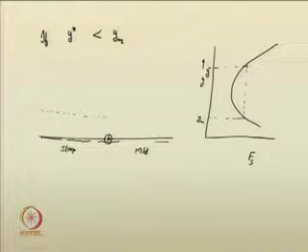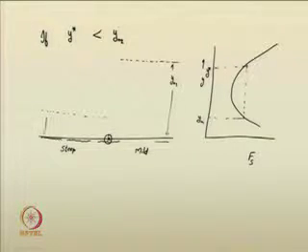If your normal depth in the downstream section, or the post-jump section, y n 2, is greater than y star, you will see that this y n 2 portion in the specific force curve has more specific force compared to the upstream section.